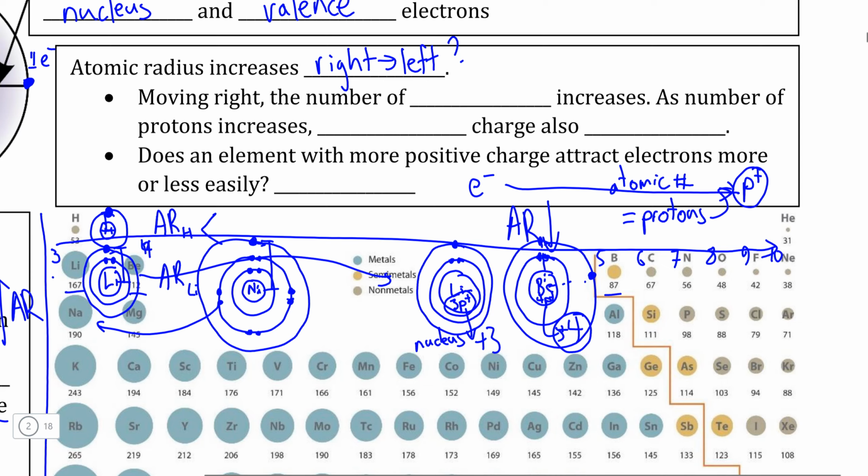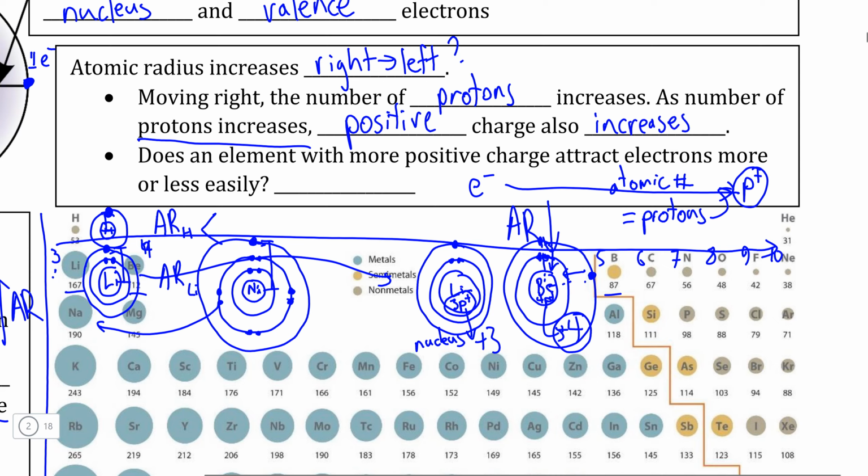Now, if beryllium has a greater ability to attract electrons to it, that means that these electrons are going to move closer to the nucleus. So, as we go from left to right, the number of protons that each element has increases.